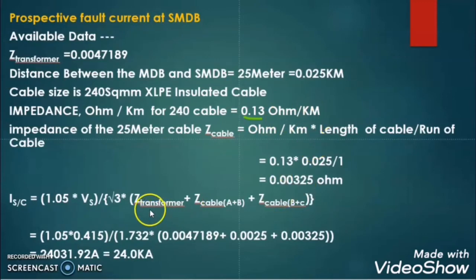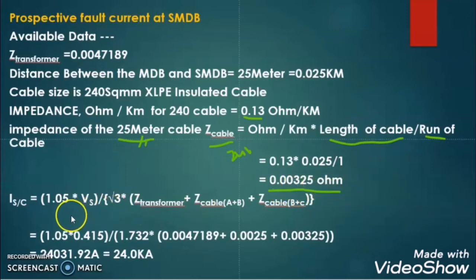So the impedance of only 25 meter cable, that is Z cable, for 240 square mm cable is ohm per kilometer into the length of cable divided by number of runs. So ohm per kilometer is 0.13, the cable length is 0.025 kilometer, divided by number of runs, that is 1.